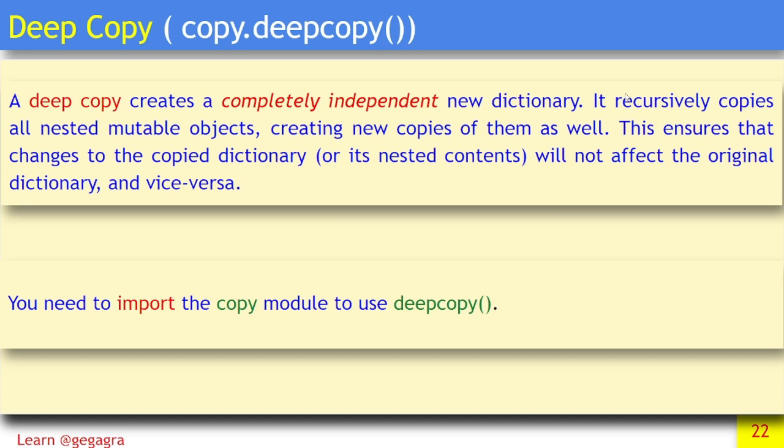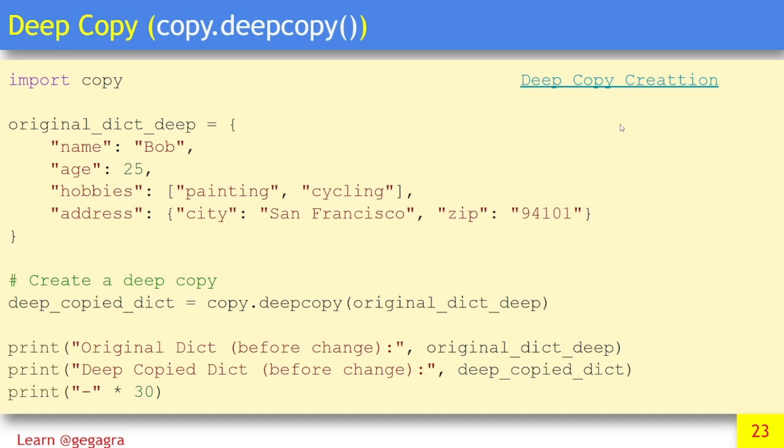Okay, so see here, I'll show you. First I'll create the deep copy and take you to the Colab notebook, where I'll show you how to create the deep dictionary. So import copy. Here this is the original dict deep, sorry.